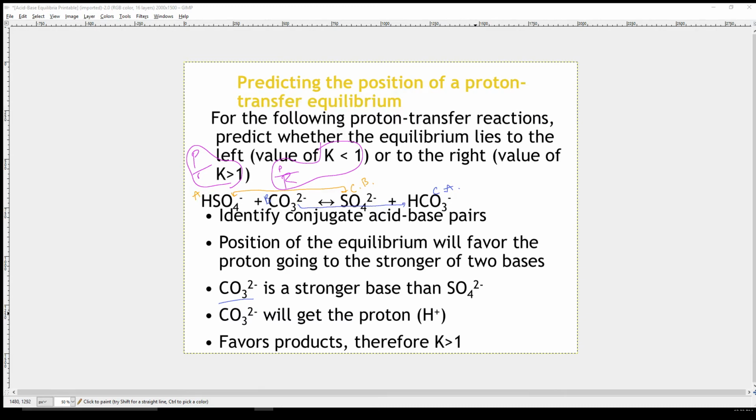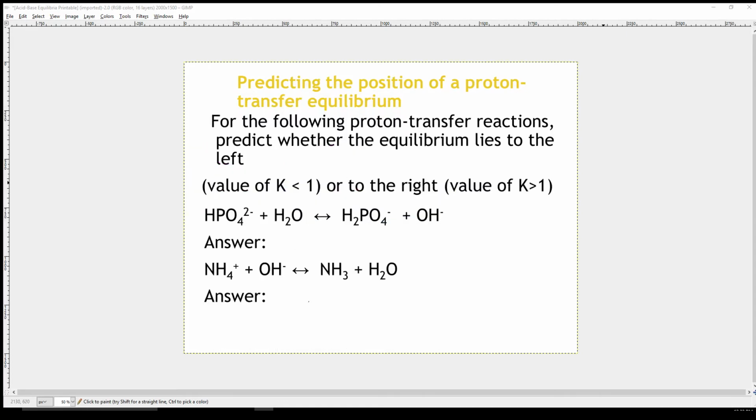And that means that it will be written exactly as it is, and it'll be moving in this direction. Our base is the one that is gaining our hydrogens, and that means that we are going to be favoring the products. We're going to be making lots of products, and our K will be greater than 1. Let's try that one again. That could be a little confusing.